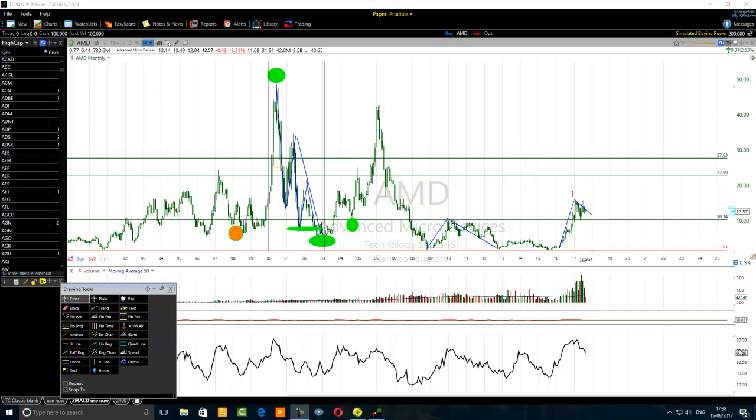Now, the reason why I use the word advanced Elliott wave trader is because an advanced Elliott wave trader is an Elliott wave trader that is able to interpret the language of the price. So the first thing that we are trading, or the only thing that we are trading, is the price action.